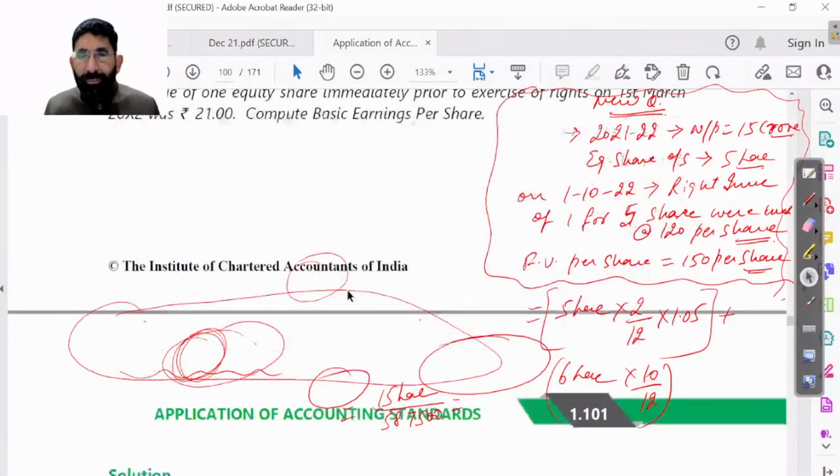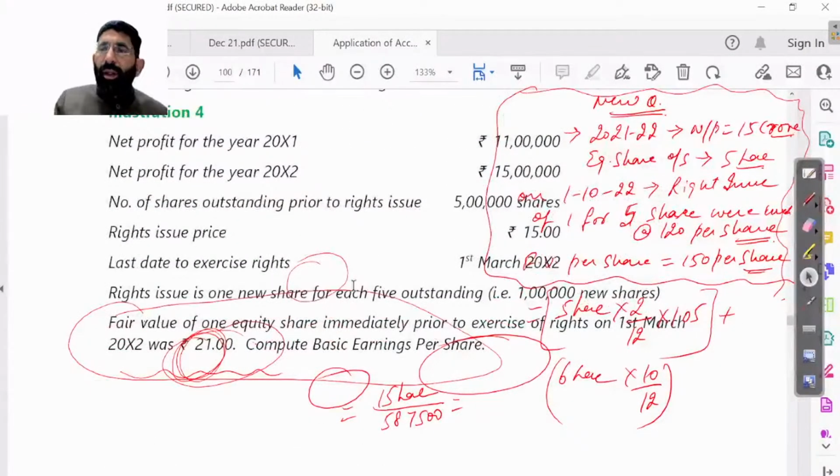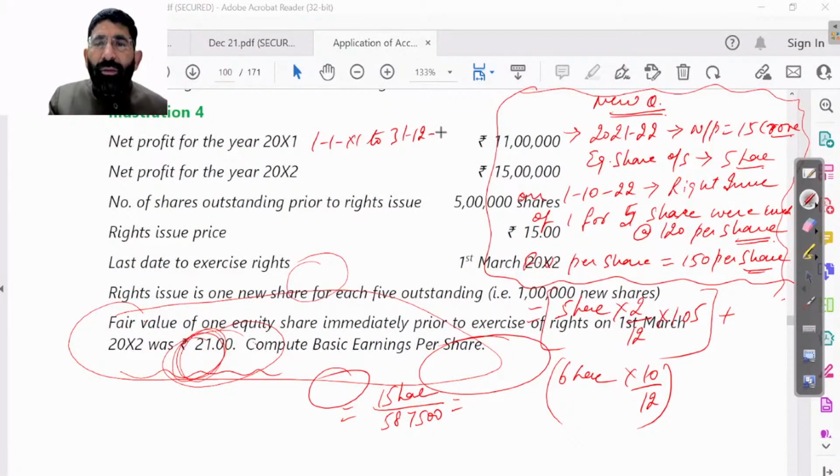In the given case, see here, this is basically 1st January to 31st December. The right issue was made on 1st of March. So 2 months are the period.